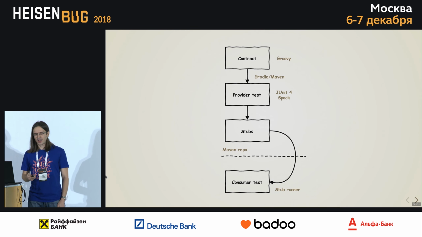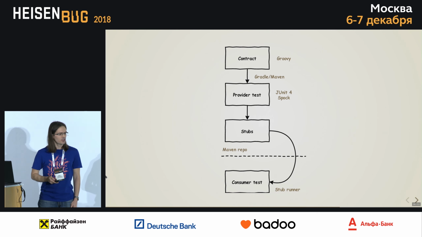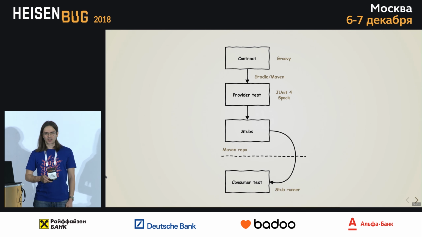A bit more on how it works. If you use JVM, Spring is a Java and JVM-based project, so the primary use case is for people writing in Java. You write your contract in Groovy. It's a file you commit to your repository. And then you need your build tool to generate tests.